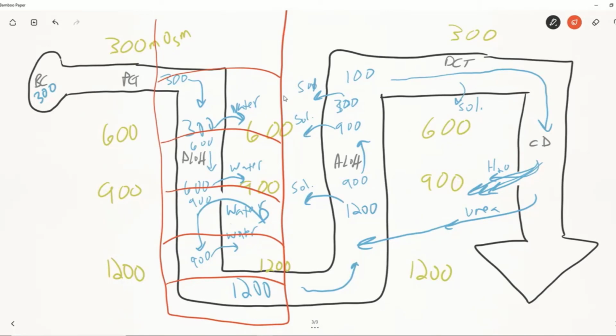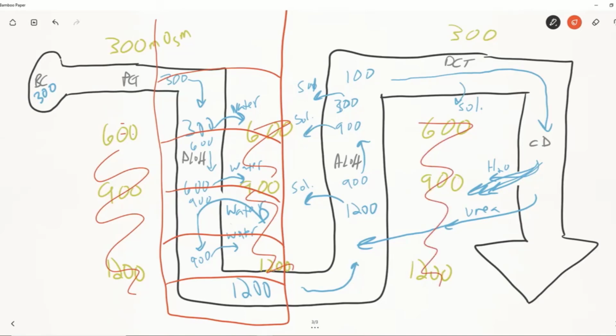Fluid from the vasa recta actually spills out, and it spills out into the interstitium. And if we're flooding the interstitium with water, we basically wash away this gradient. And if we wash away that gradient, now there is no mechanism to pull water out. So we stop reabsorbing as much water.